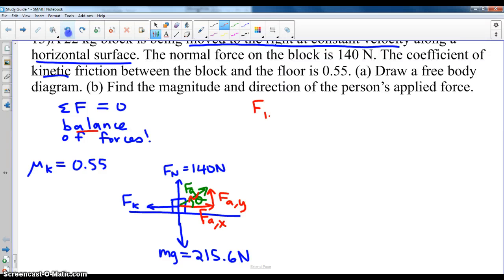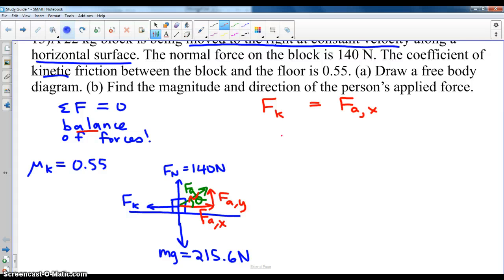What pulls left? All I see in my picture is one left force, Fk. So I'm going to erase F left, replace it with Fk. What pulls right? I only see one right force in my picture, Fa comma x. Fax. You all probably don't know what a fax is. You're like, what's a fax? I only know email. Okay.